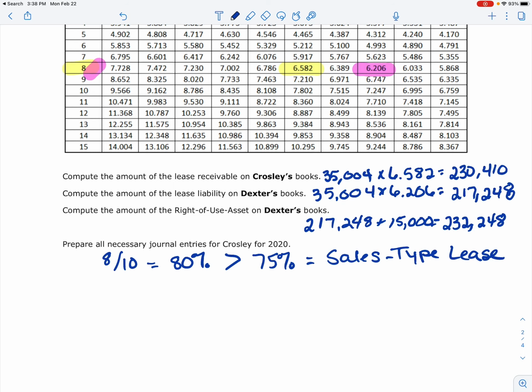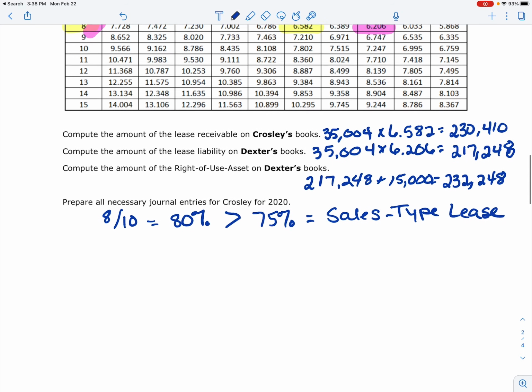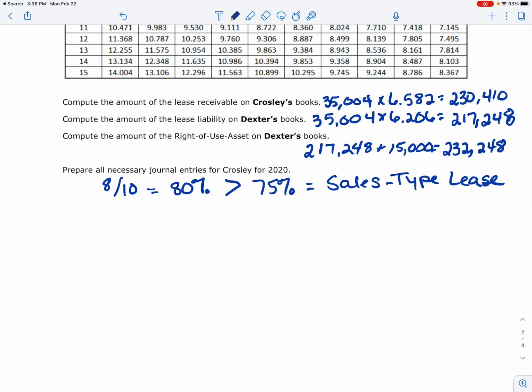So that initial journal entry, we're going to record it as a lease receivable. We already calculated the amount. Remember, we have to record also that cost of goods sold.